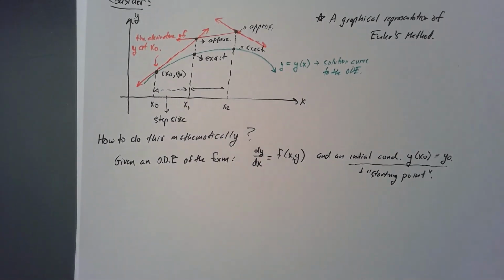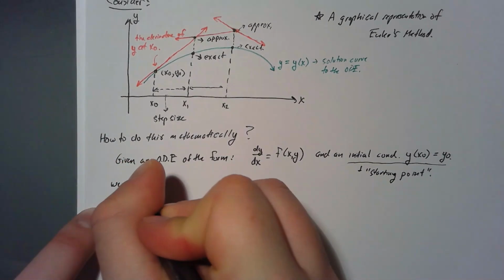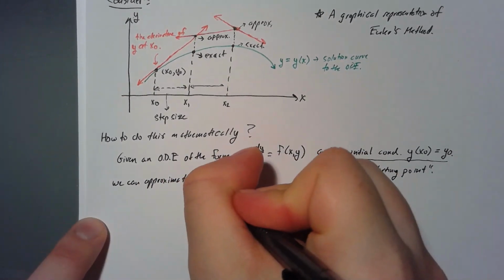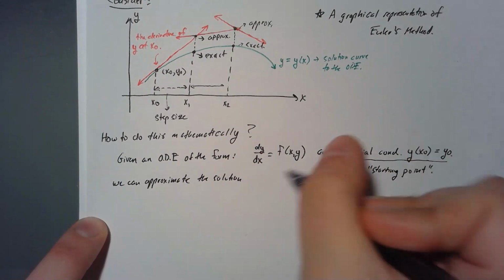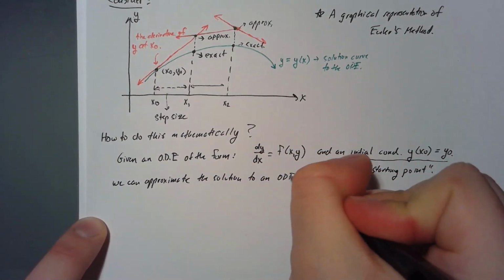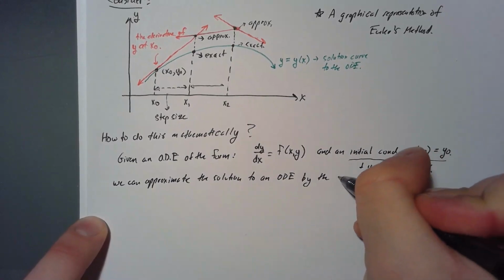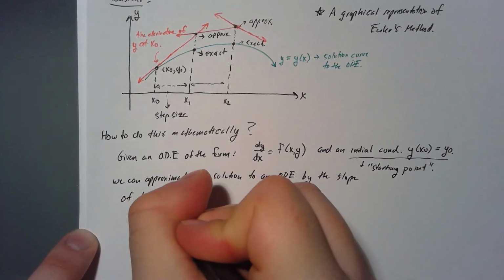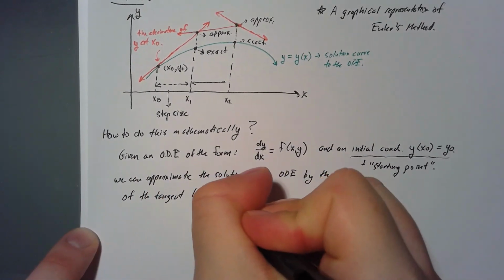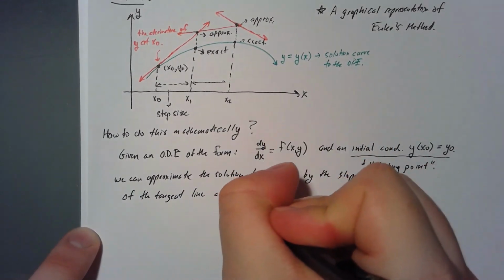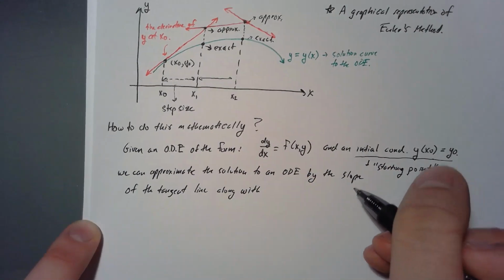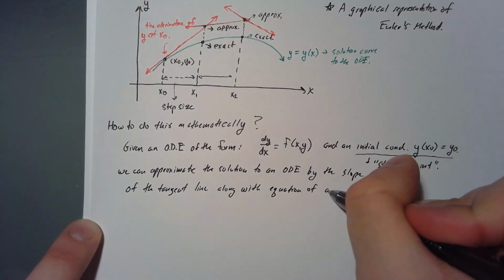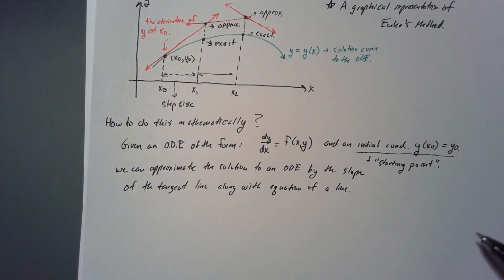So we can approximate the solution to an ODE by the slope of the tangent line, along with the equation of a line. So when we do that, we get this.